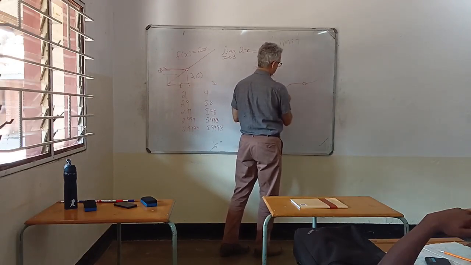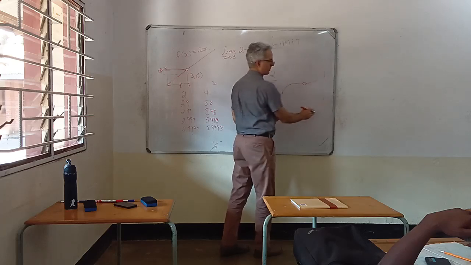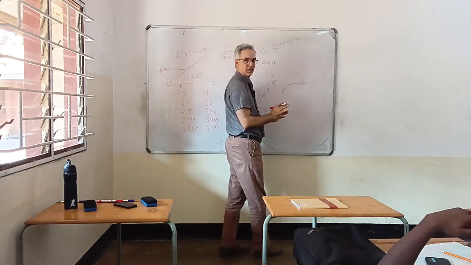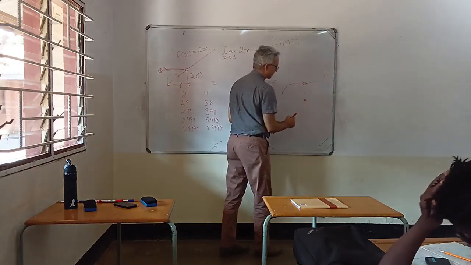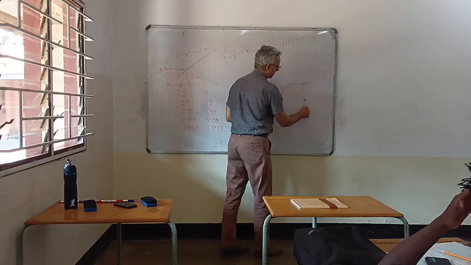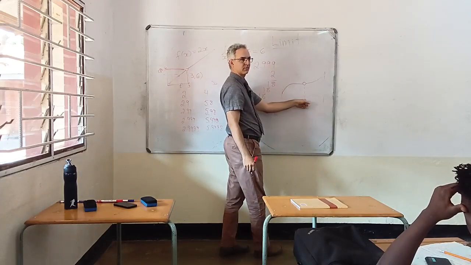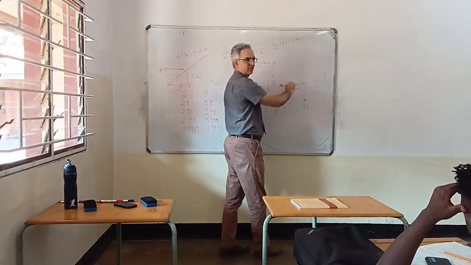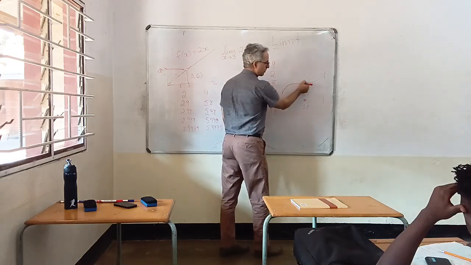This is the domain, from here to here. This point, let's say it's 3.5. This point is not in the domain. I have removed it from the function. That's what the circle means.